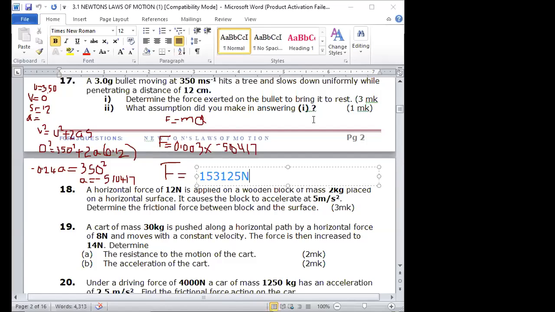Dean Jenga? The mass remains constant. The mass, of course, remains constant. That one is a fact. Abel Taro? The bullet did not experience the friction force due to... Okay, let me assist you.